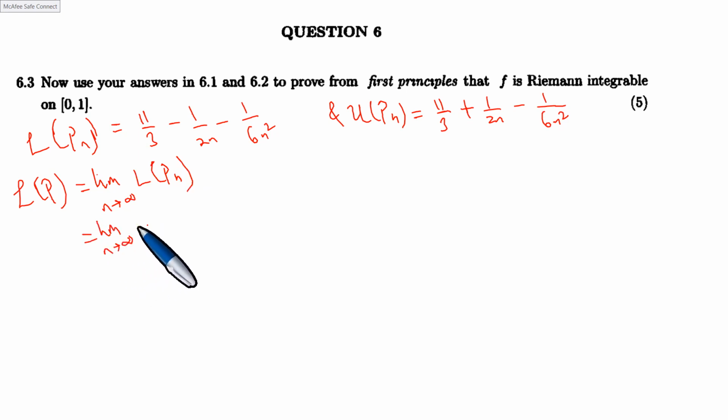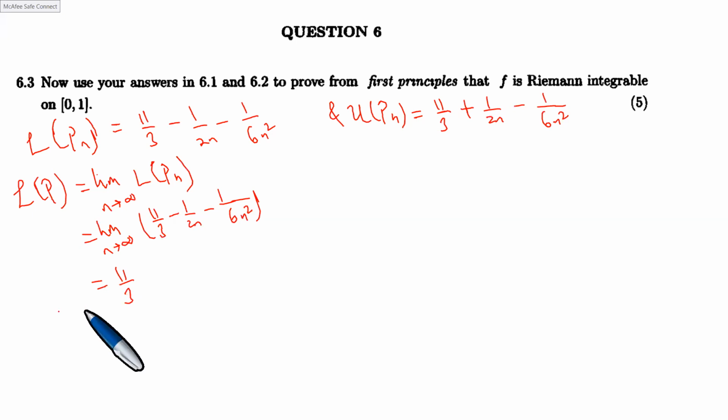The limit as n approaches infinity of 11 over 3 minus 1 over 2n minus 1 over 6n squared, and this is 11 over 3. That is LP.